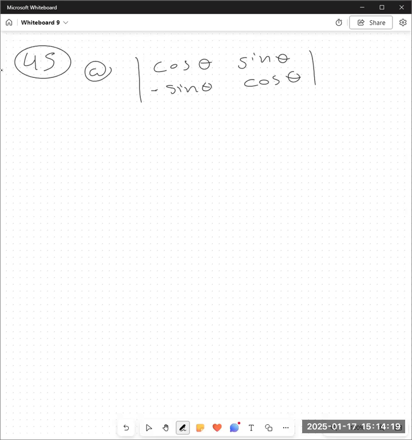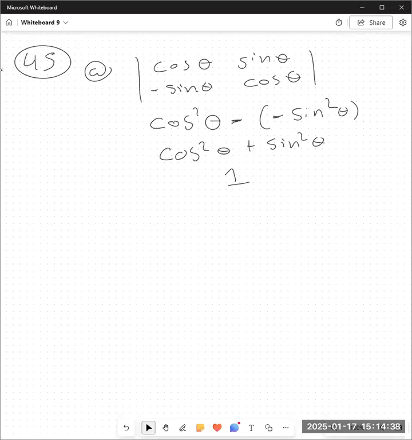So cosine times cosine is cosine squared theta. And then we have minus, and then sine times negative sine is negative sine squared theta. So we come up with cosine squared theta plus sine squared theta is going to be 1 by the Pythagorean identity.